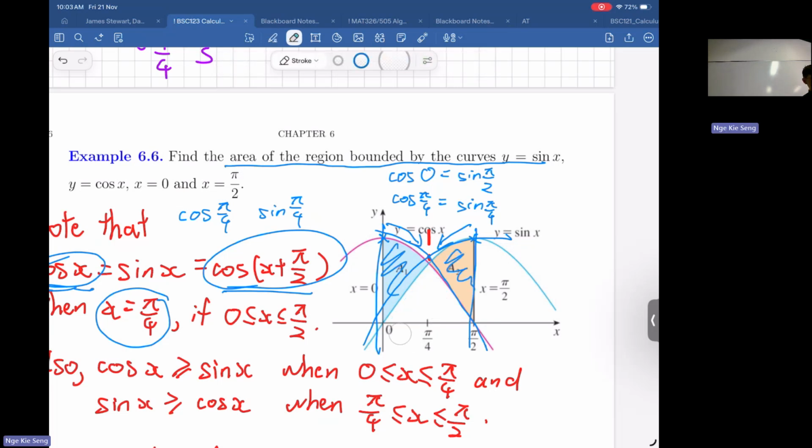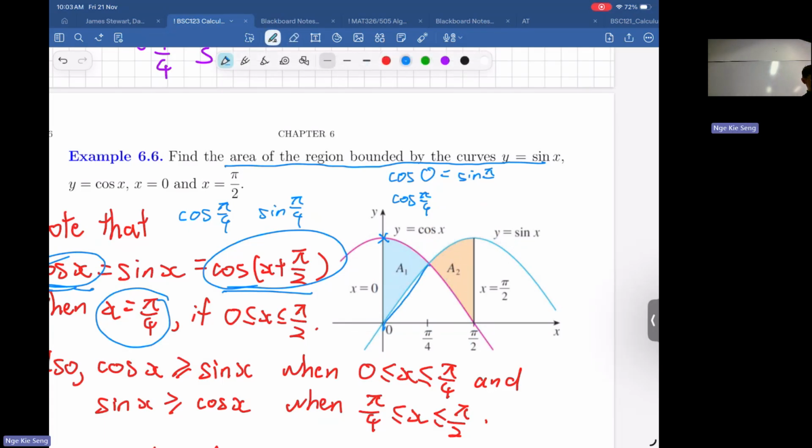They didn't say x axis. If they say these two lines and then with x axis, then this is the triangle. So you need to read the question. What are the lines involved here? So it's very clear that this is the region that is bounded.